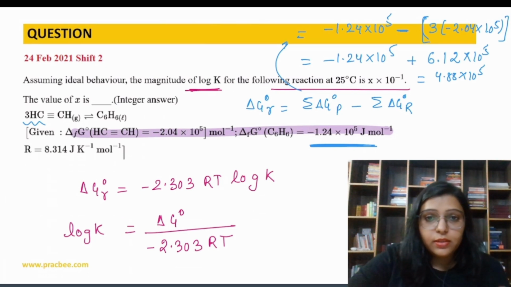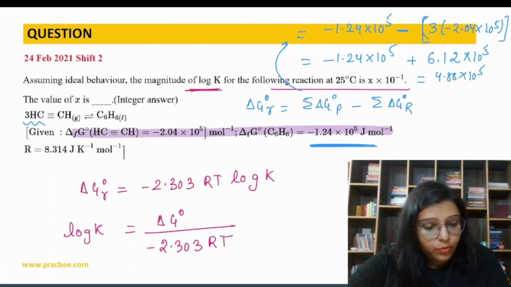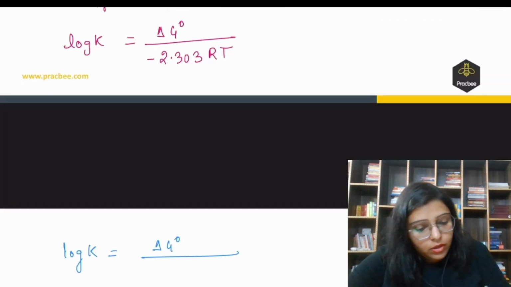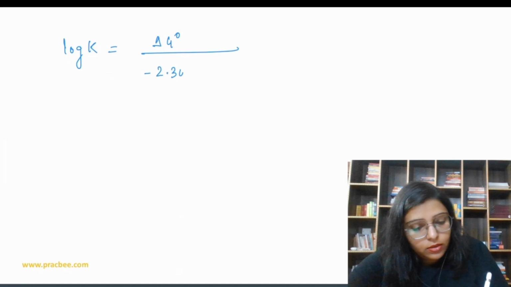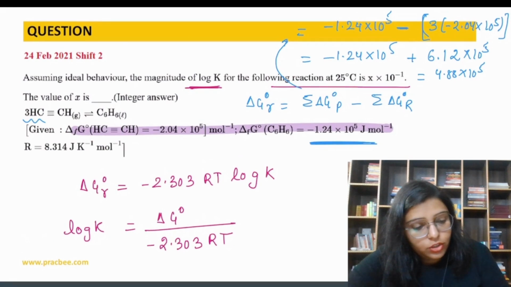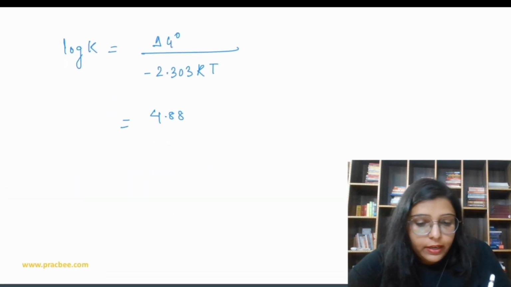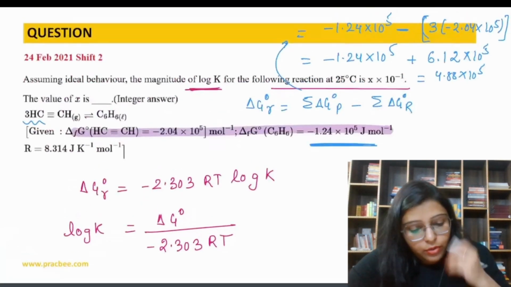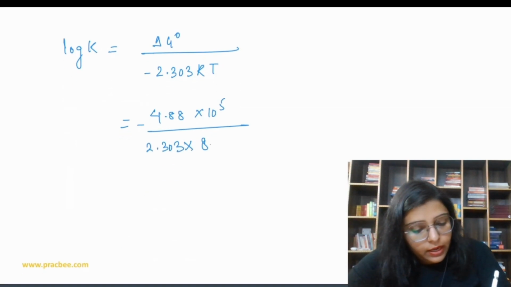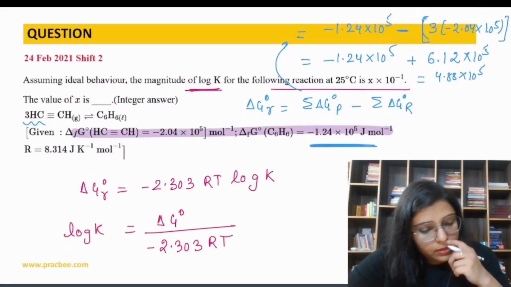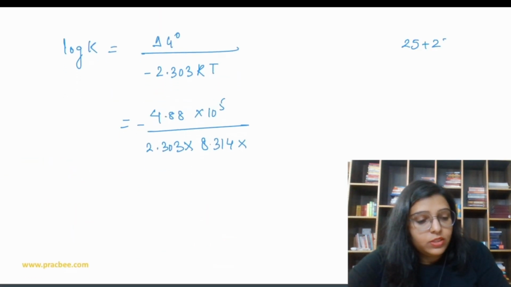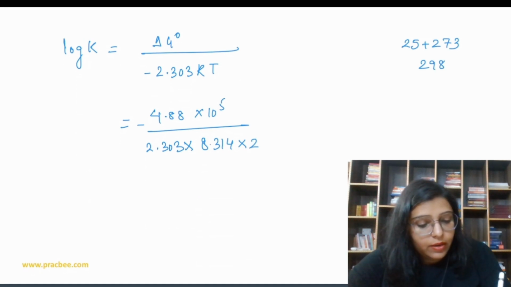Now what to do? Next, we have to put the delta G naught value over here. So log K is equal to delta G naught upon 2.303 RT. Okay, so delta G naught is 4.88 into 10 to the power 5, 2.303, R value we have to take as 8.314, and temperature is 25 degrees Celsius. So 25 plus 273, which is equal to 298 Kelvin.